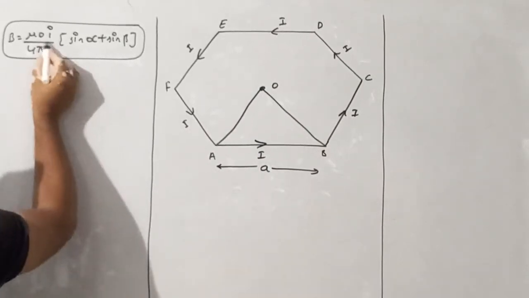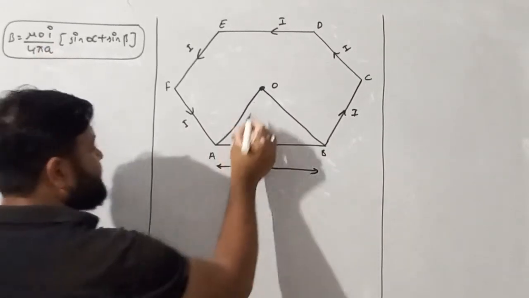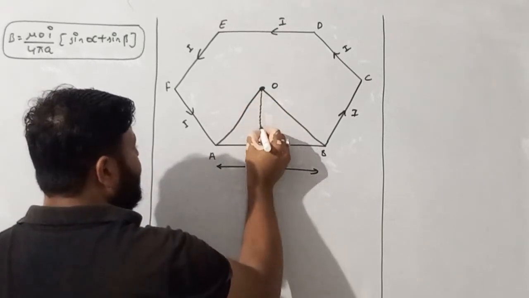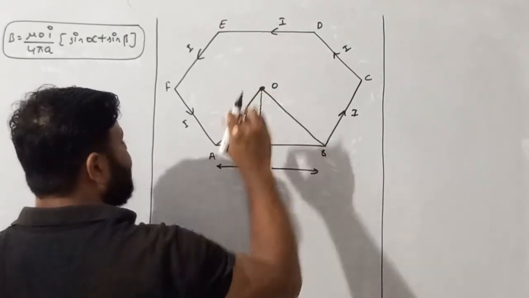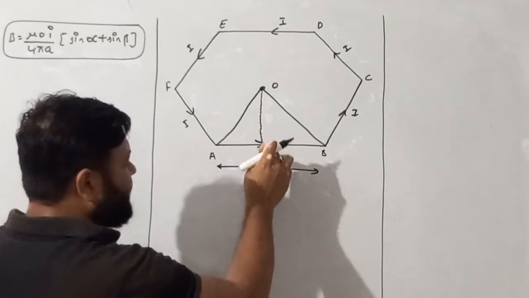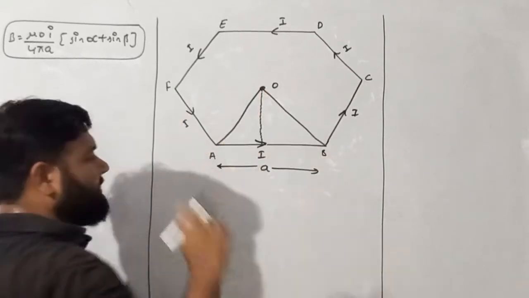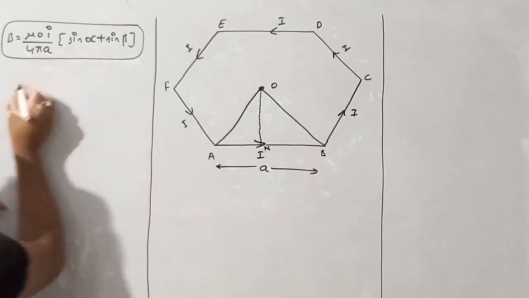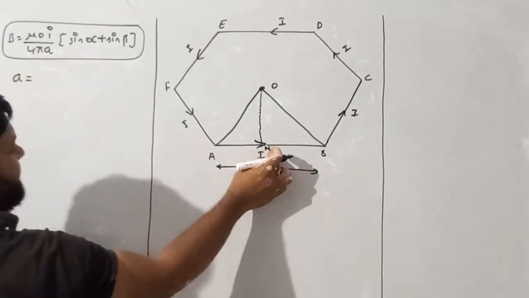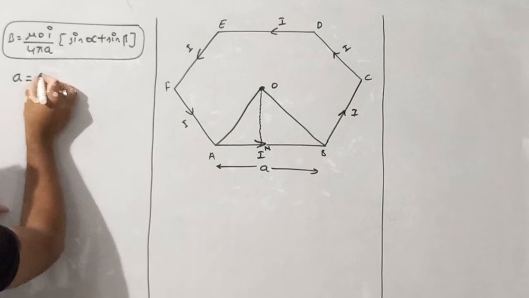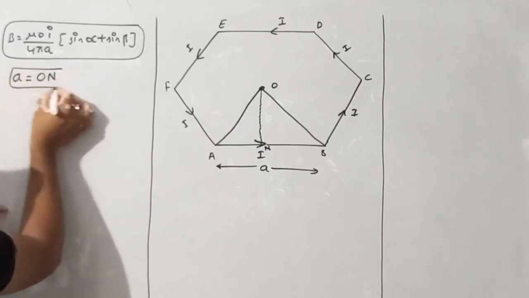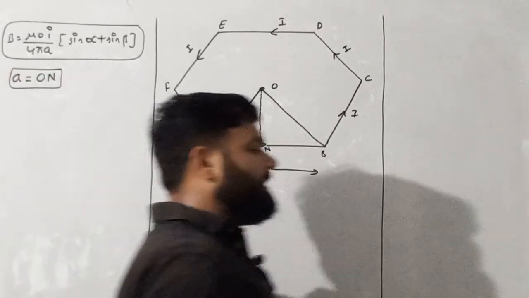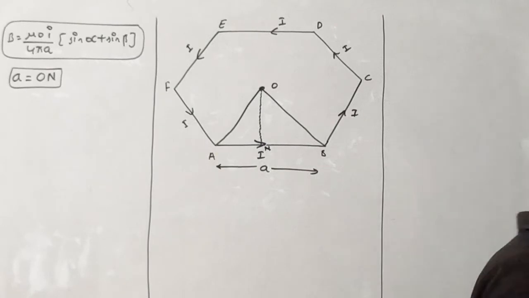Current is I. A is the perpendicular distance from the wire to the point where we want to find the magnetic field. So here A is nothing but, if I take this point as N, ON. And both the ends of the wire are visible.